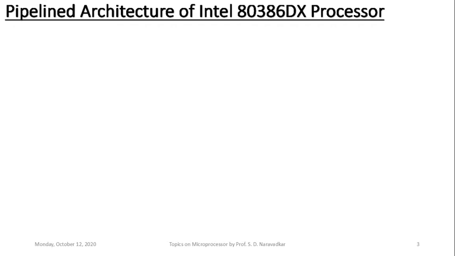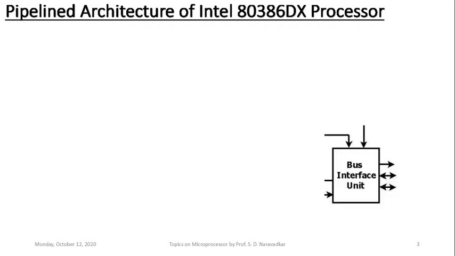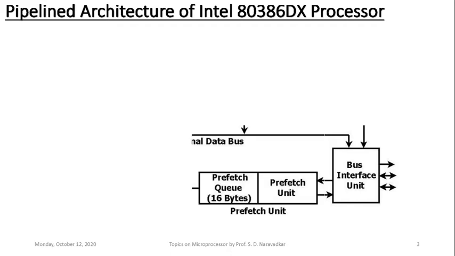So here is the first unit, which is the bus interface unit, which is shown on the extreme right on the bottom side. From this bus interface unit, the external buses are shown on the right side. To the left of this bus interface unit, here is the prefetch unit.